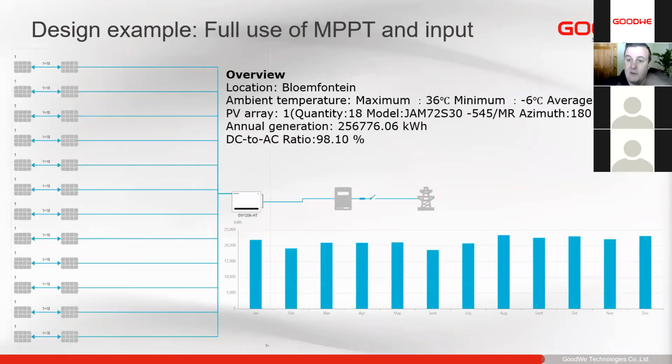Now let's look at some string designs. These are just some designs that I put together to showcase how we could use these inverters with some of the JA modules, the new modules. I've got the 545 module connected to the inverters. As you'll see, we're utilizing all the MPPTs here, so 18 panels per MPPT, just one single string.